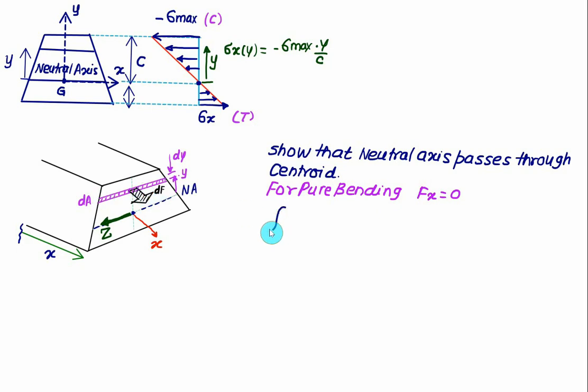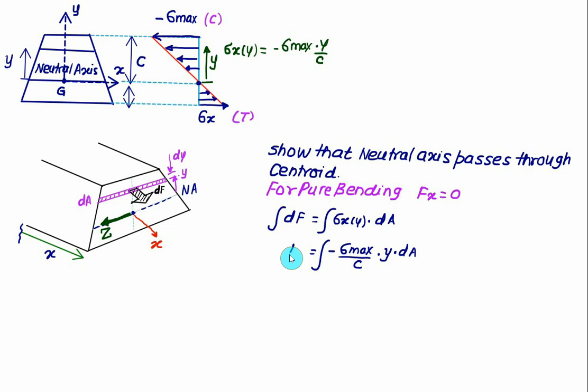So we have the integral of dF, which is the same as the integral of the stress, which is a function of y, multiplied by area dA. And we can replace the stress at any distance y with the integral of minus sigma max, which is a constant value, divided by c, a constant value, multiplied by y dA.